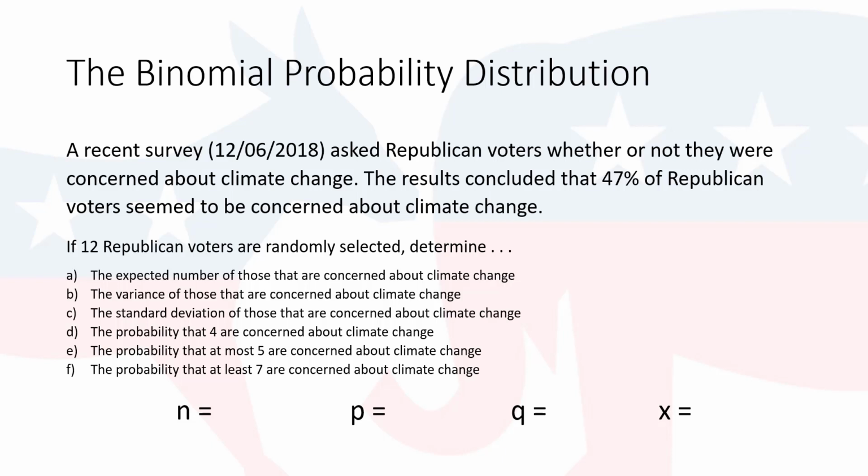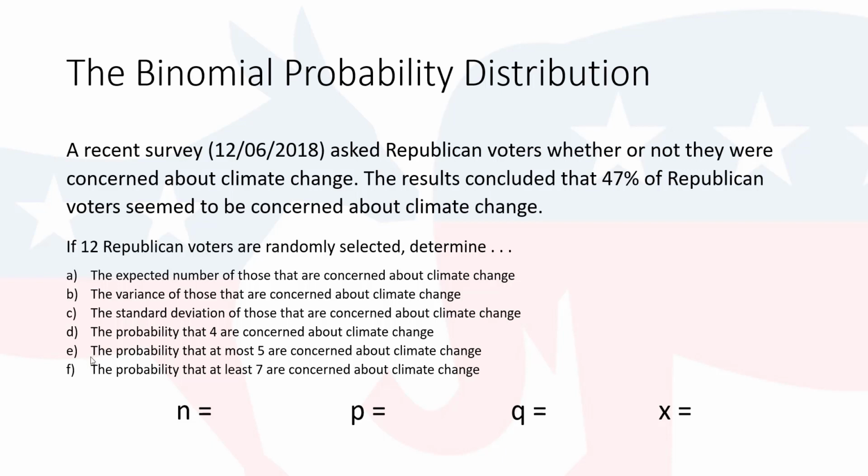So in this case, X is equal to 4. Now when we say the probability that 4 are concerned, we mean exactly 4. Not 4 or more, not 4 or less. We mean exactly 4. So for part D, n is 12, p is 0.47, q is 0.53, X is 4.